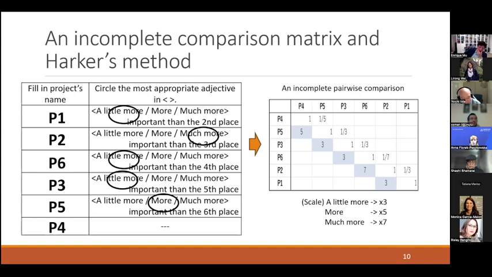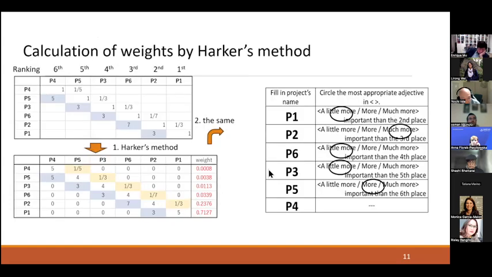The Harker method, at least in Japan, is widely known under his name. As an English explanation, for example, you can find it in Professor Kulakowski's book, listed in the references. Using the Harker method, this type of matrix is created from an incomplete pairwise comparison matrix, and weights are calculated based on the largest eigenvalue of this matrix.